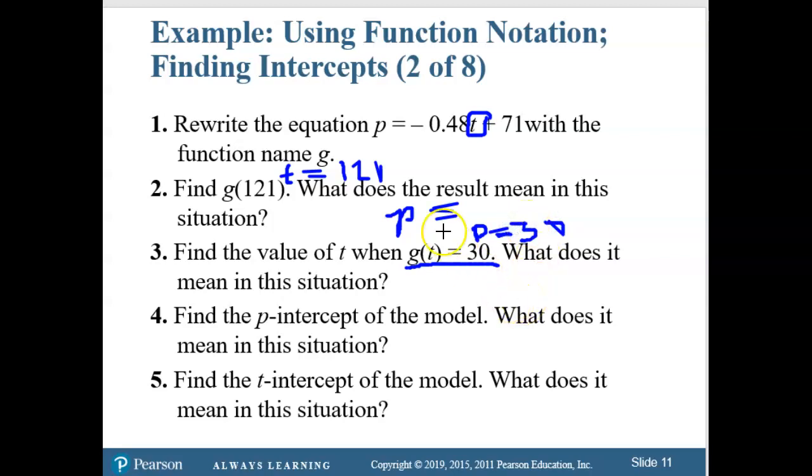So P equals 30 has you putting the 30 where P is and solving for T. Whenever you're finding an intercept, p-intercept, that means the opposite variable is equal to 0. And when you're finding the t-intercept, that means that p is equal to 0. So now you're substituting those in and finding your answers.